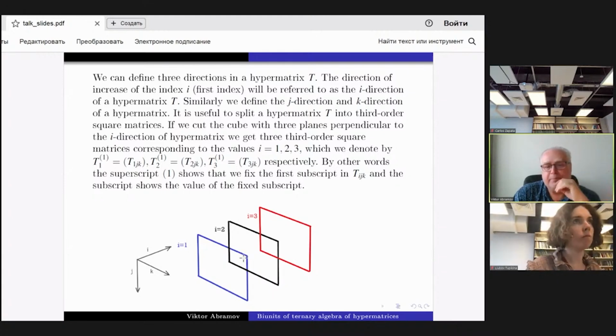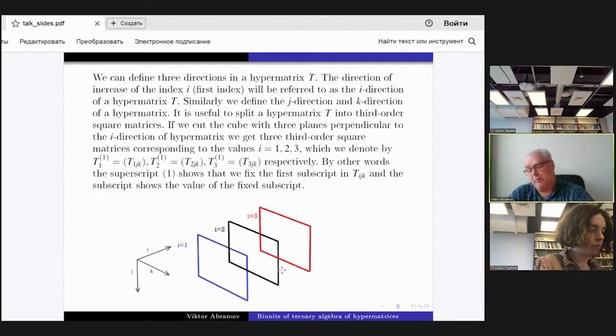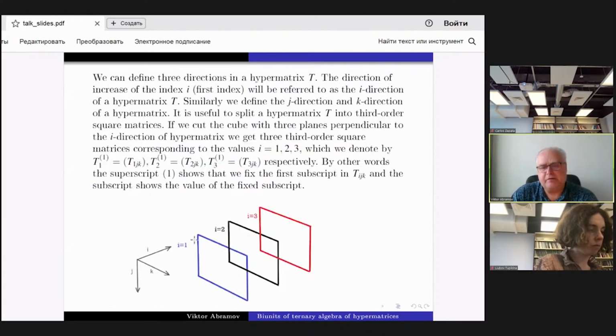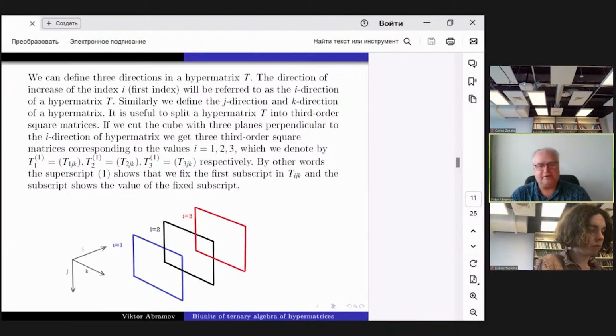Then I get this black one. And the red one is this: I fix the first subscript and give it value 3. So now I have split it into matrices, and I will use these matrices later. But I can also represent all information, all entries of this hypermatrix by taking these square matrices and writing them from left to right.